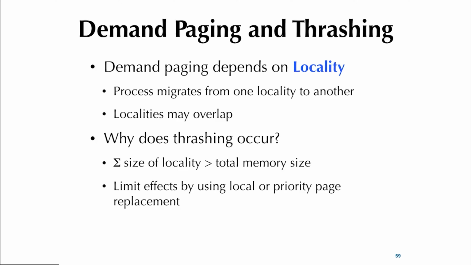And you can think of a program as migrating from one locality to another. So for example, when you're starting up, you might be initializing a bunch of global variables. So that global variable region might be your locality, right? And then as your program runs, maybe it dynamically allocates a bunch of objects, right?